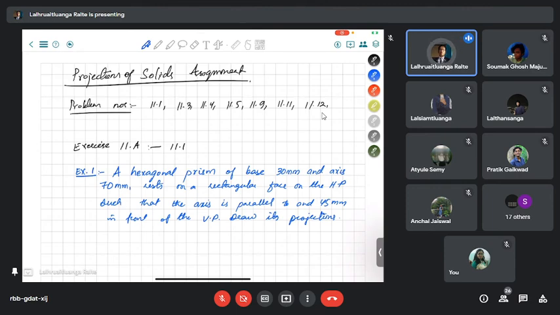Can someone tell me what is the condition we have here? Like the position of your solid with respect to your reference planes. What do we have? Read the question carefully and just tell me what is the position of our solid with respect to the reference planes.